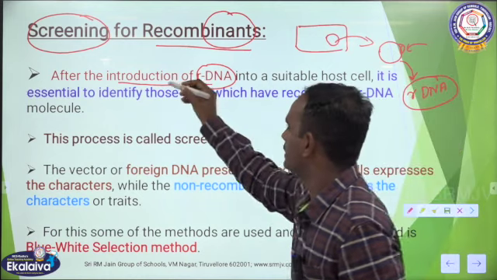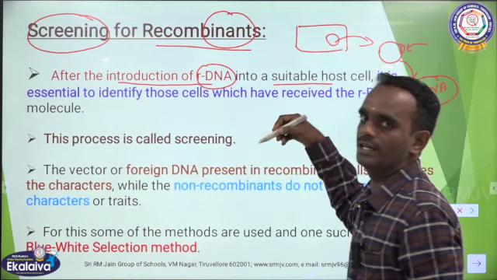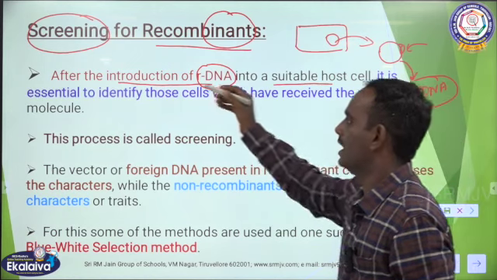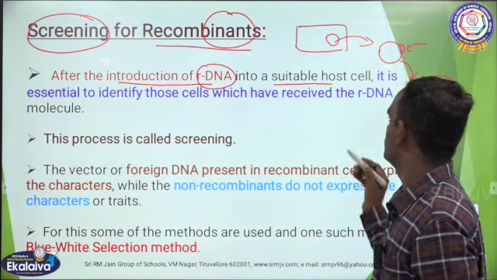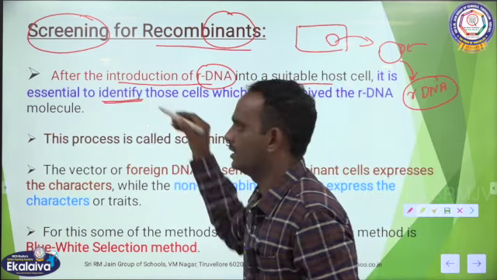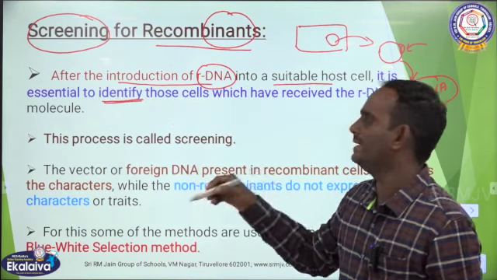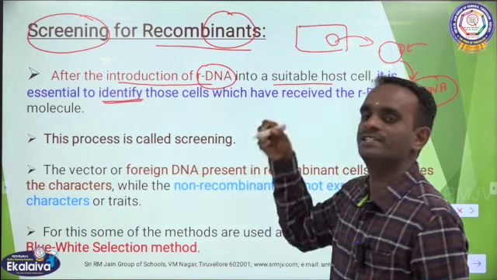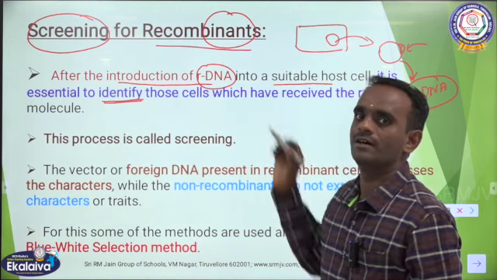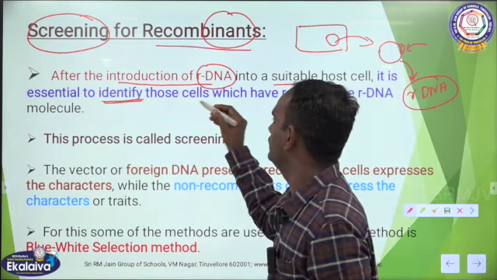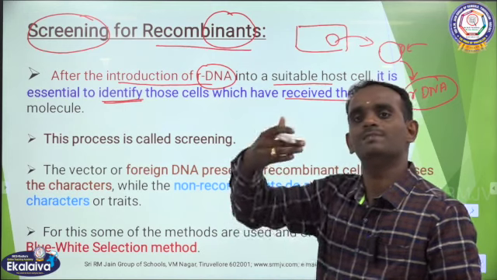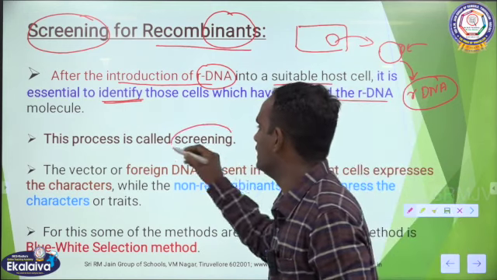After introduction of rDNA into the host cell, which may be a plant cell or a bacterial cell, it is very important to identify those cells which have received the rDNA molecule. This process is called screening.